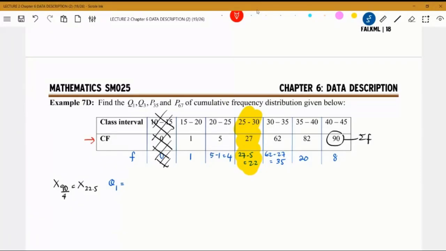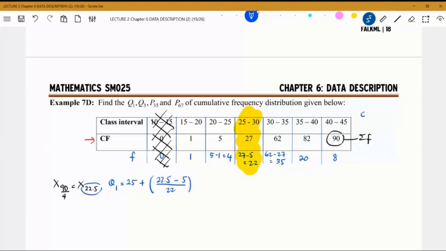Okay, so the lower boundary will be 24.5, since we don't have any gap here, so we have 25 as the lower boundary, plus 22.5, which we find from here, minus the cumulative class before, which is 5, divided by the frequency of the class itself, 22, and then we need to find the class width.